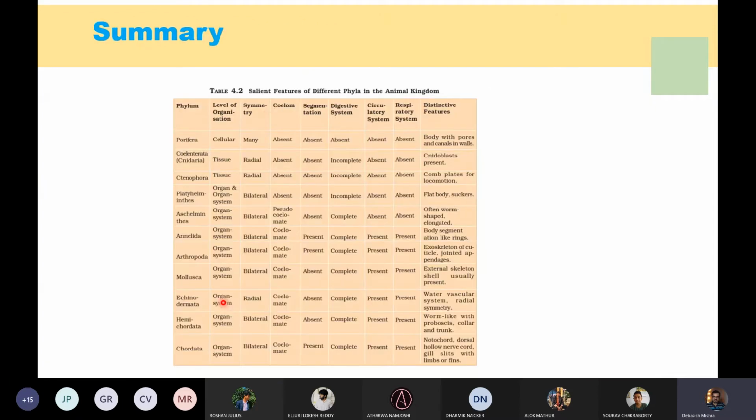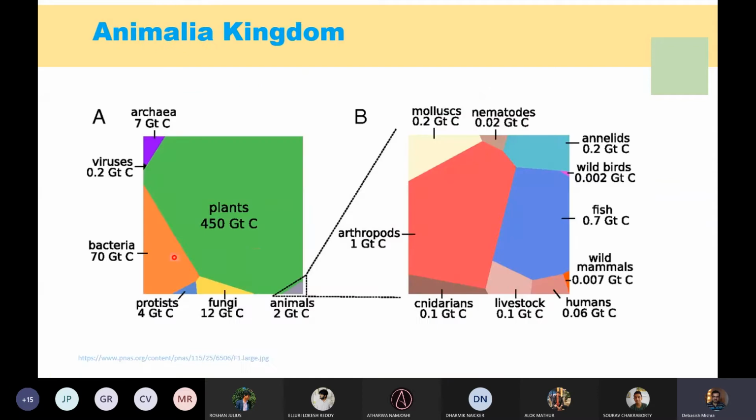So this is a larger classification system. You can see this is a very nice picture of how much we know of different kinds of organisms, plants and animals, and how many organisms of a particular class take how much area or weight in the overall world biosphere.